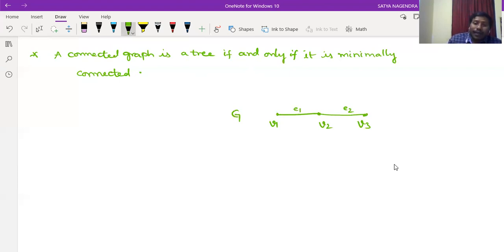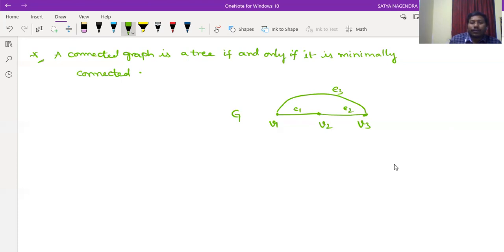But if you add an edge between any pair of vertices here, it results in a cyclic graph. There exists a cycle in G if you add any new edge here. So definitely this is one useful result to check whether the given graph is a tree or not.